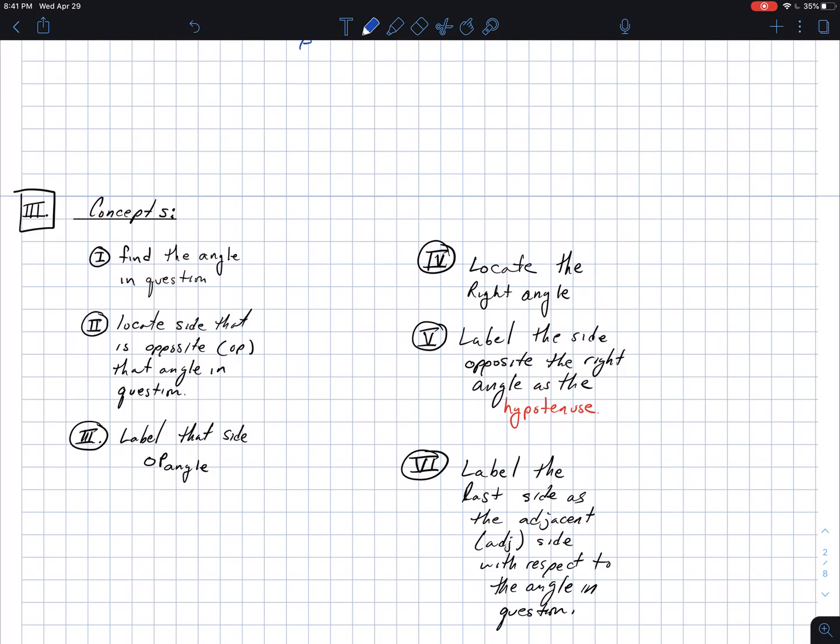The third is to label that opposite side. Step 4, locate the right angle and label the side opposite it as the hypotenuse. And finally, label the adjacent side. If you follow this basic set of rules, you will never mislabel your triangle. Mislabeling your triangle is where many people make errors, so be very careful about that.